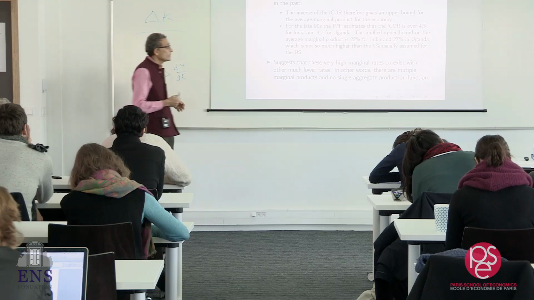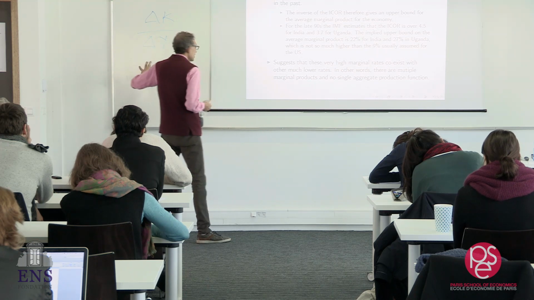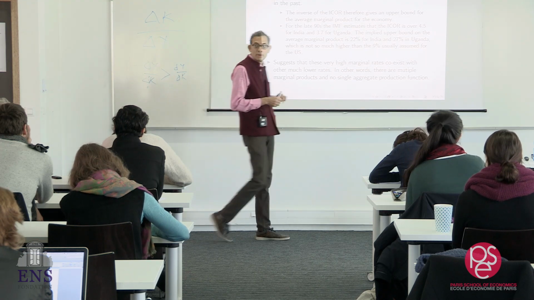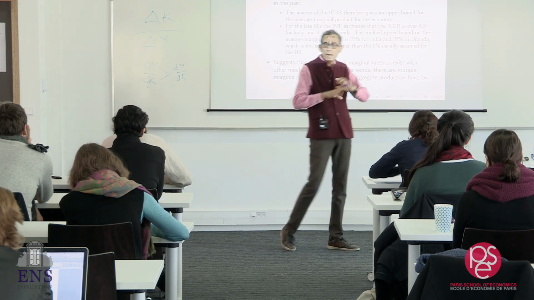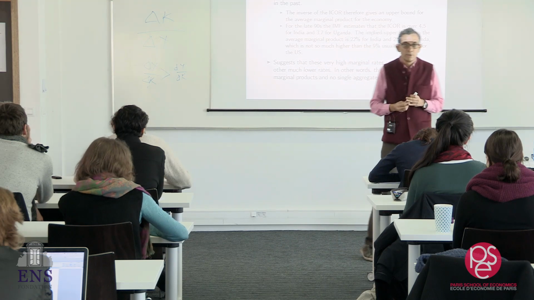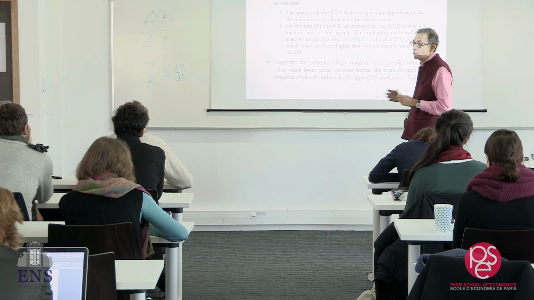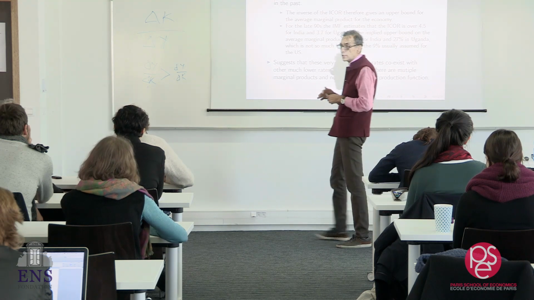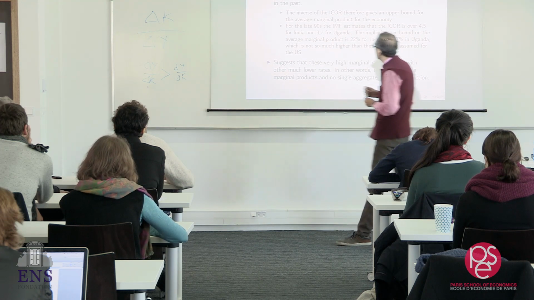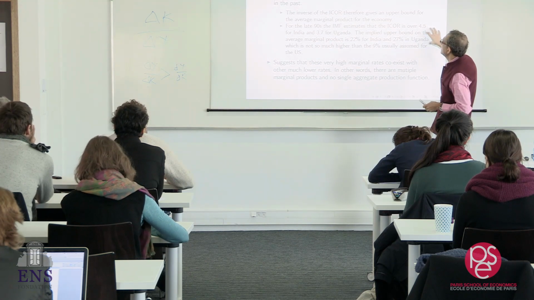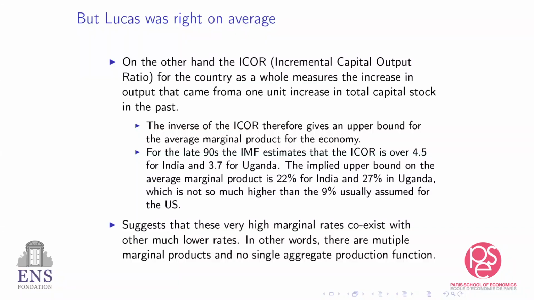But if you believe me on that, then I can use this to bound that. This is the number for the whole economy, not the number for an individual firm. It's just what happens in the whole economy. And the answer from there is that number is 4.5 for India, 3.7 for Uganda, etc.